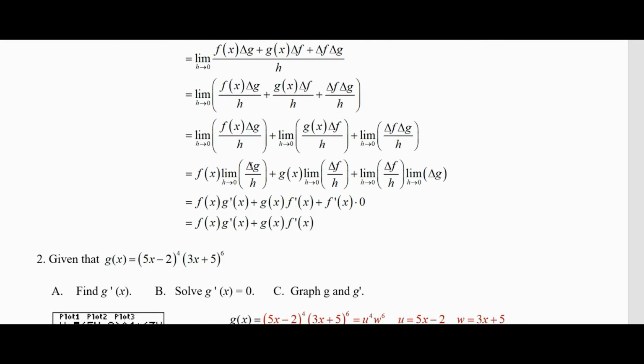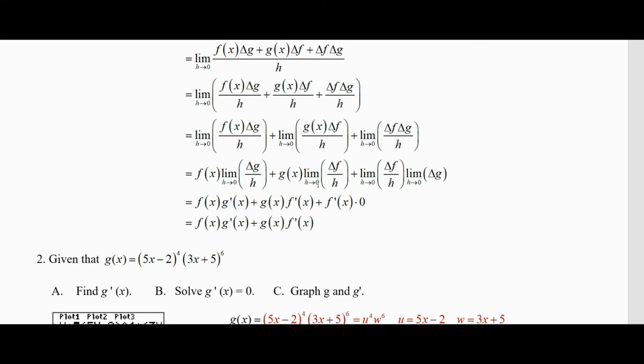Well, delta g goes to 0 and h goes to 0, so this has a form 0 over 0, but that's another way of just writing the derivative, right? It's the limit as h goes to 0 of delta g over h, or delta y over delta x, basically. Take that limit as delta x goes to 0, which is what this is, and that's g prime of x.